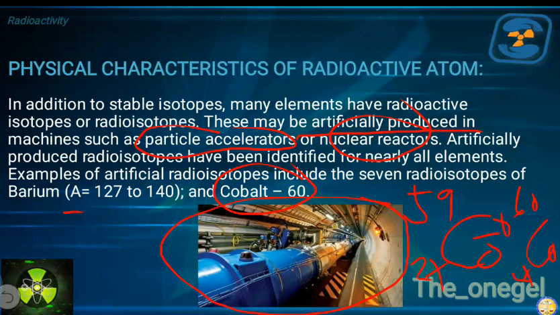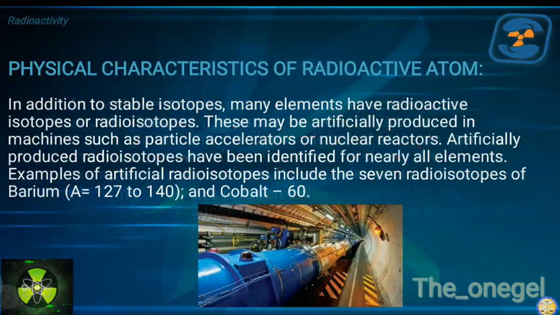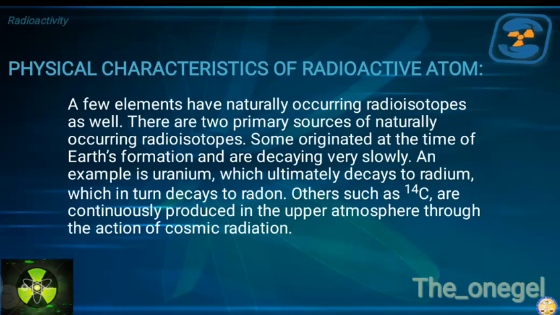Of course, kung may man-made, there's the counterpart, natural, yung gawa ni inang kalikasan. So a few elements have naturally occurring radioisotopes as well. So there are two primary sources of naturally occurring radioisotopes. Some originated at the time of the Earth's formation and are decaying very slowly. Ang tawag natin dyan sa kanila is primordial radiation.